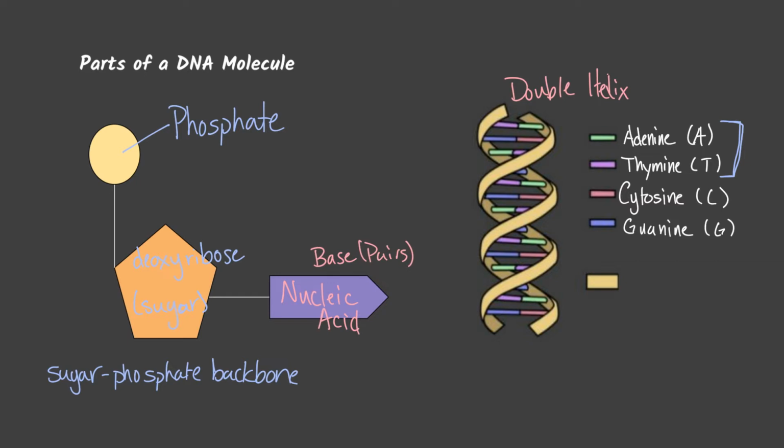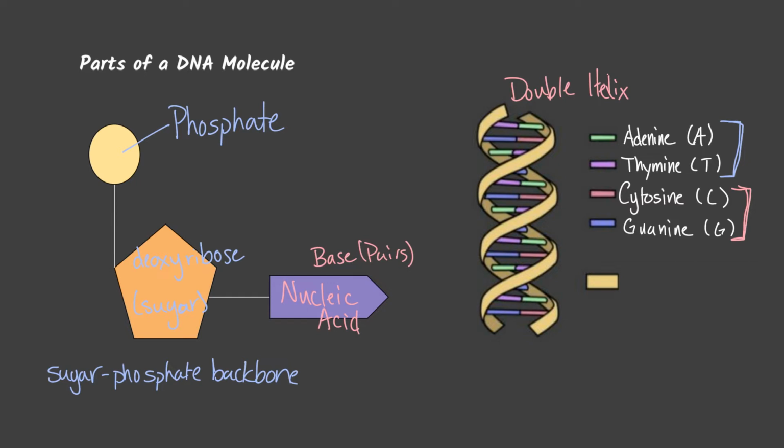Adenine and thymine make a base pair. Likewise, thymine can bind with adenine, but it cannot bond with cytosine or guanine. And then cytosine and guanine form a base pair. So those will always pair together, but they can't pair with either adenine or thymine. And you'll see why that's really important a little bit later in the notes.